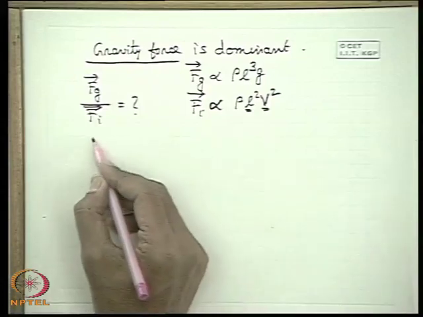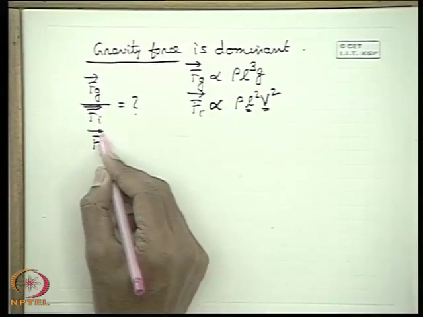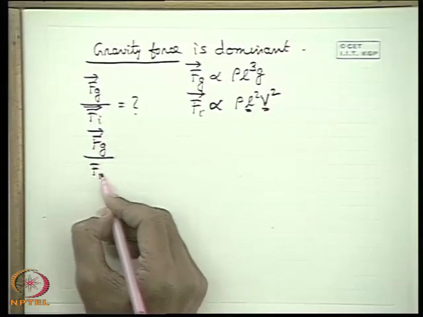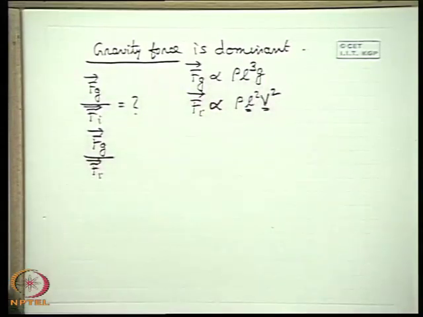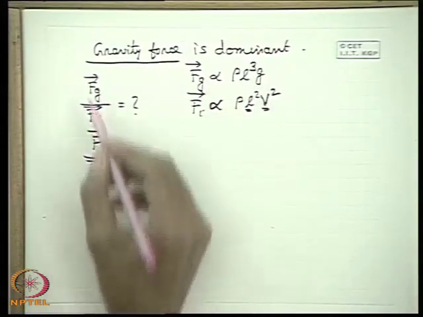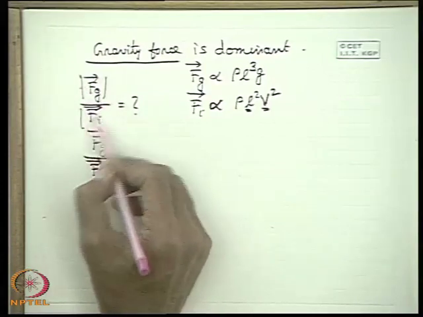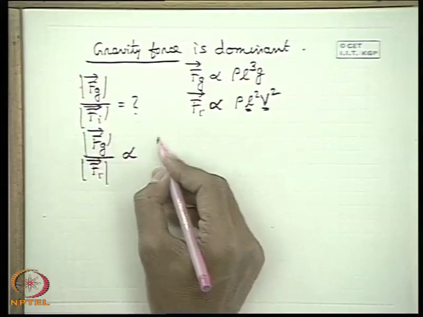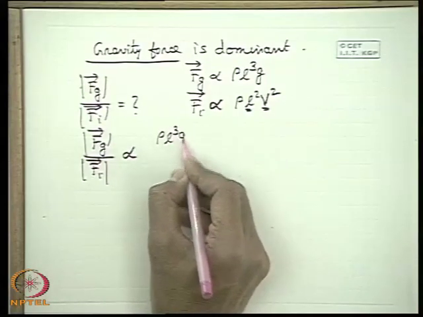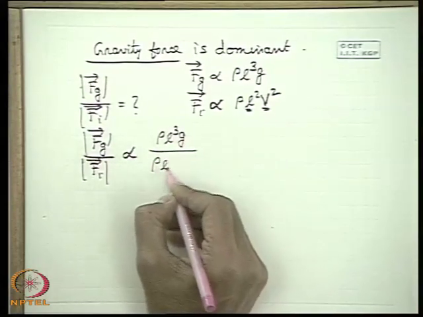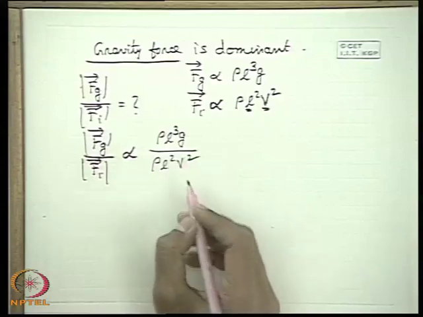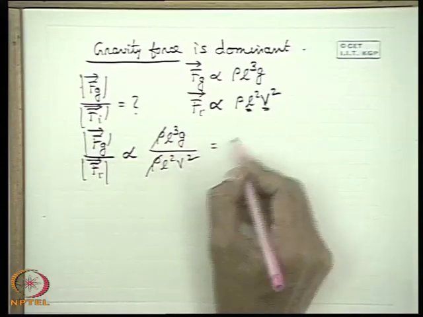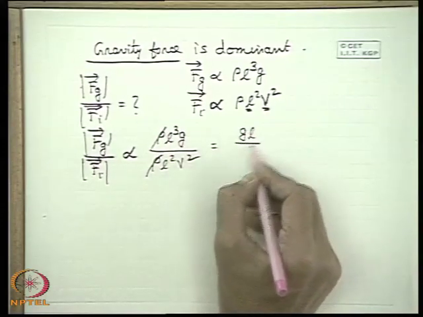If we now substitute in this equation of proportionality, the magnitude ratio of Fg by Fi is proportional to rho L cube g by rho L square v square, and it becomes g L by v square.